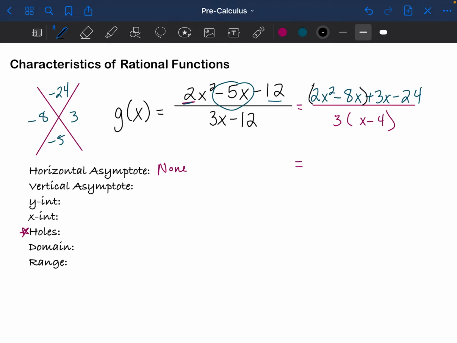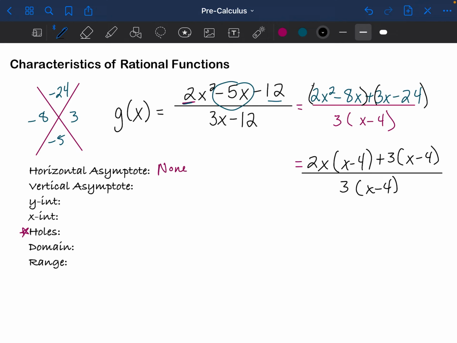Take out a greatest common factor from that first part, taking out a 2x, left with x minus 4. Take out a 3 from the second one, we're left with x minus 4. Both of them have an x minus 4, so let's bring it out front. x minus 4 times the leftovers, 2x plus 3, all over 3 times x minus 4.